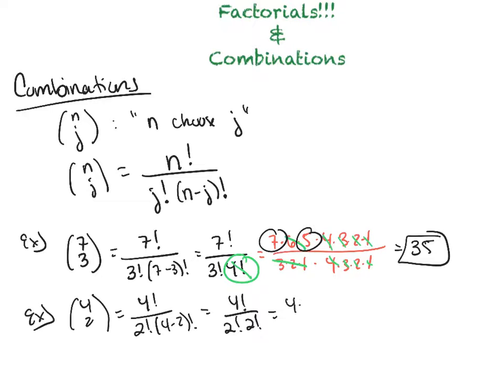So this is 4 times 3 times 2 times 1, 2 times 1, and 2 times 1 for the 2 factorials. And just like in the previous one, this entire 2 factorial cancels away with a lot of the 4 factorial, and I'm left with 4 times 3. And then in the denominator, I'm left with 2 times 1, and that reduces a lot. 2 goes into 4 twice. So what we're left with is 2 times 3, which is just 6.